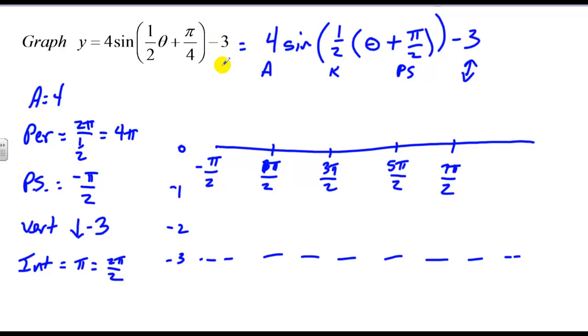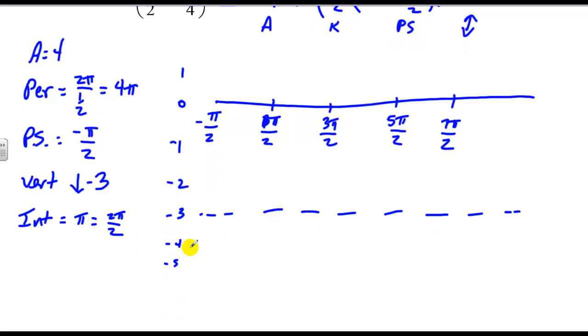My amplitude in this case is 4, so I'm going to have to move all the way up to positive 1 to climb 4. 1, 2, 3, 4. And then I'll have to cheat here. 4, 5, 6, and 7. So my graph is going to fluctuate between these two.